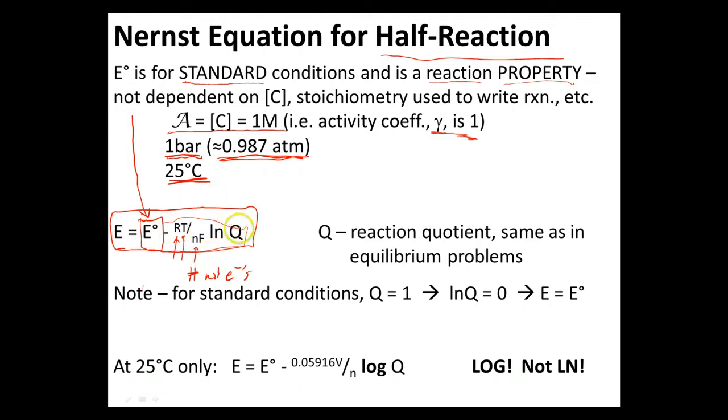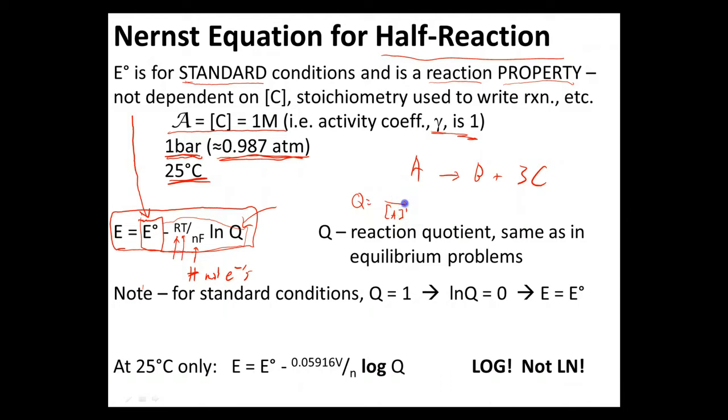Then we're going to take the natural log of Q. And remember, Q is our equilibrium quotient. So just like we did back in all of our equilibrium problems, if we have A yields B plus 3C, if we were to write that as Q, then we'd say Q equals, and then we have our reactants on the bottom with their stoichiometric coefficient as the exponent.